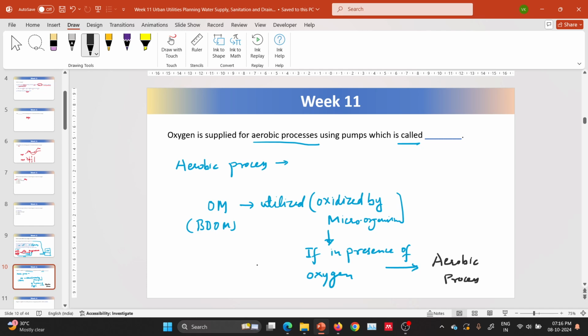The process of supplying air, or specifically oxygen, is called aeration. So this is about the aerobic process.